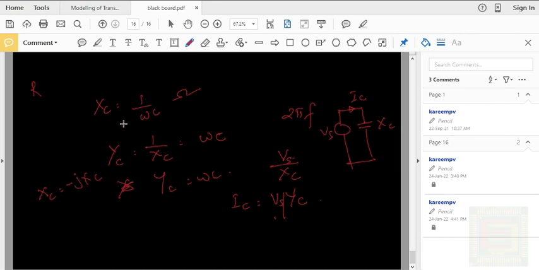And in case of inductive reactance, you will be representing XL as jXL, and similarly in this line you will be representing Xc as minus jXc.